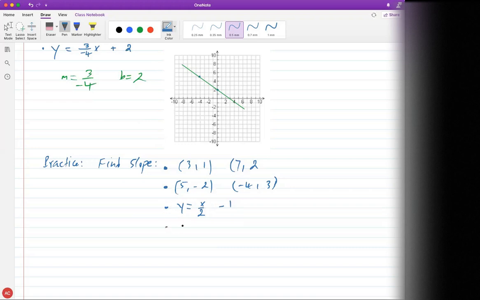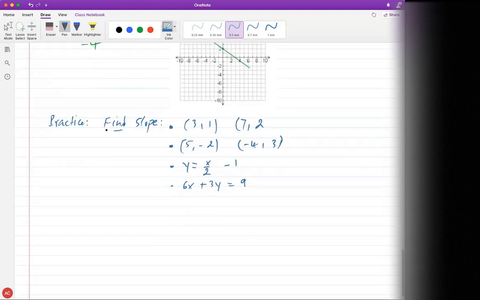So here you just need to find the slope, like I said, say maybe 6x + 3y = 9.